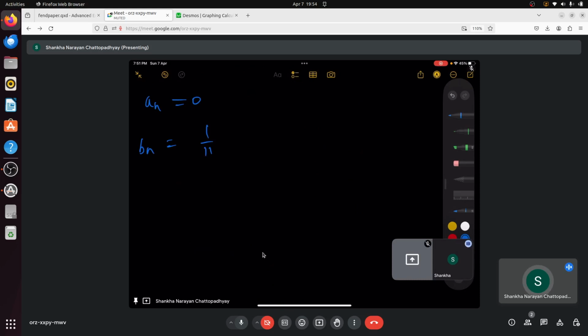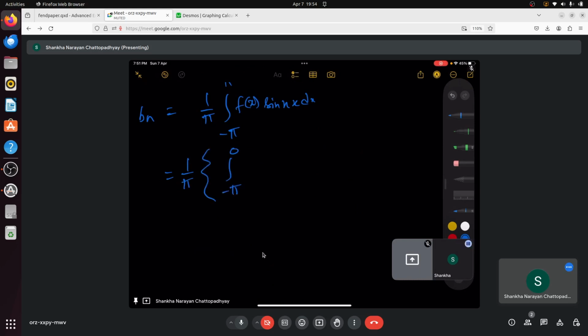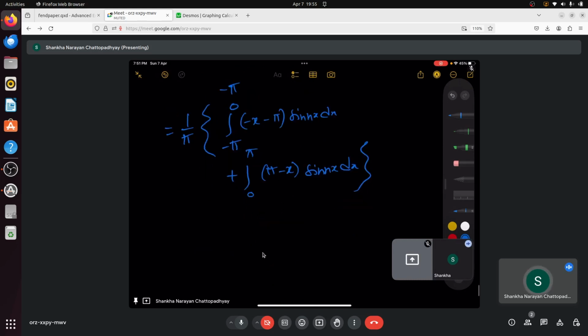Next you need to determine bn. If you try to determine bn, it is the integral from minus pi to pi of f(x) sin nx dx. Once again you need to break this part: minus pi to 0 of minus x minus pi times sin nx, plus 0 to pi of minus x sin nx dx.